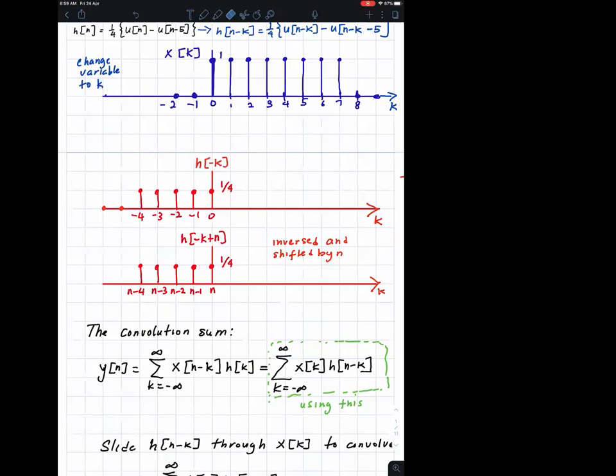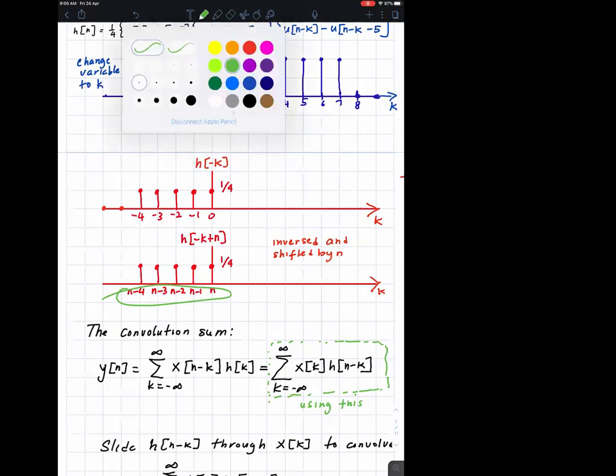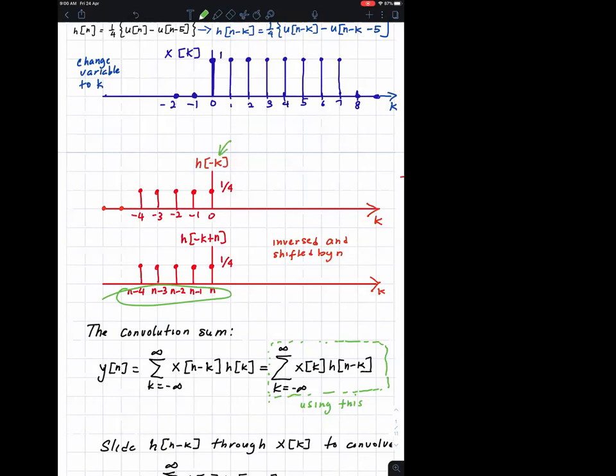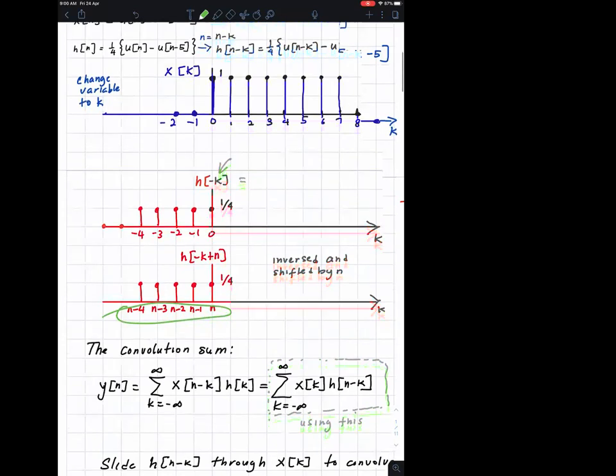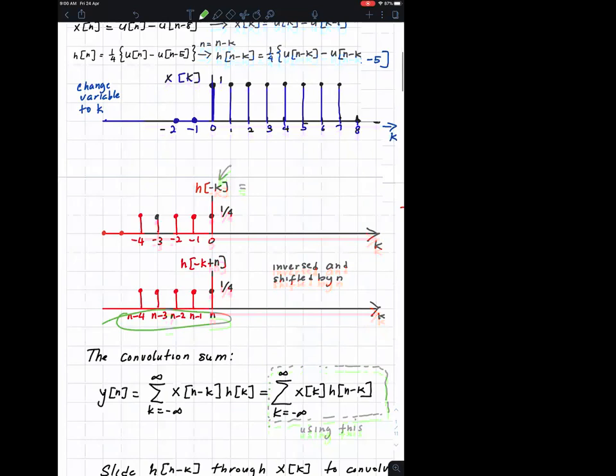Okay, I'm just drawing h of k. h of k here is 1/4 u of k minus u of k minus 5.